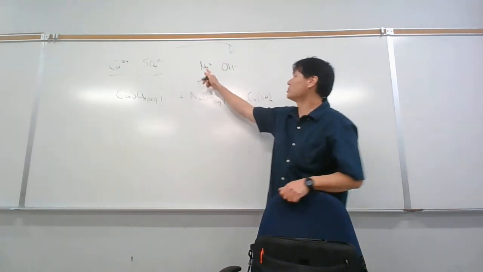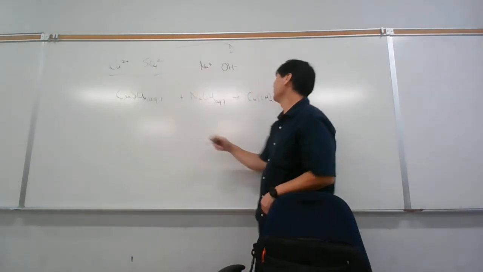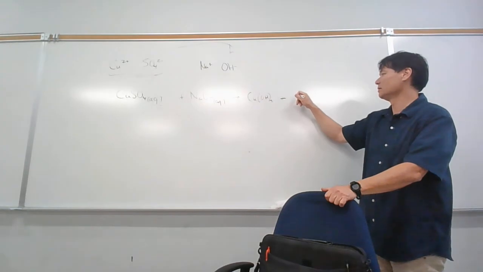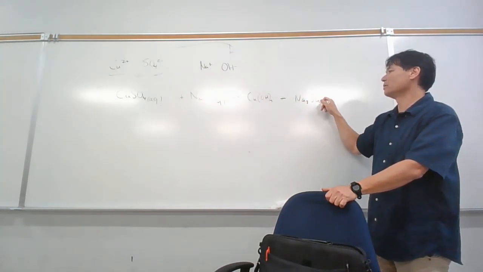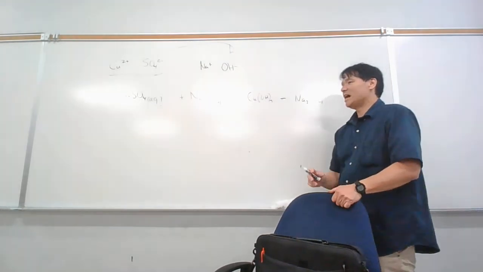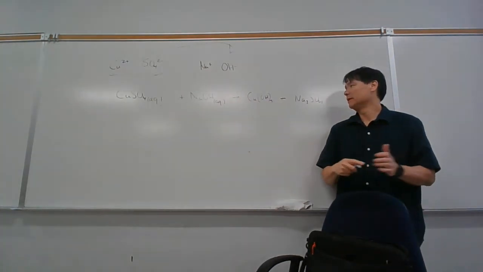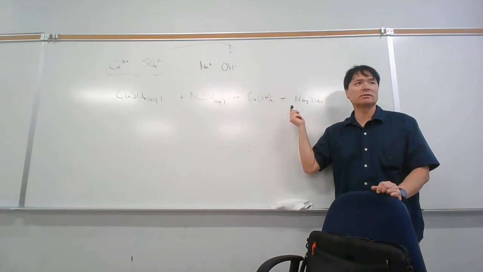And then we're going to form sodium sulfate. Sodium sulfate, what's the correct ratio of sodiums and sulfates? Na2SO4. And so now we need the solubility rules, because over here it didn't tell us if these were solutions or precipitates or gases, whatever.